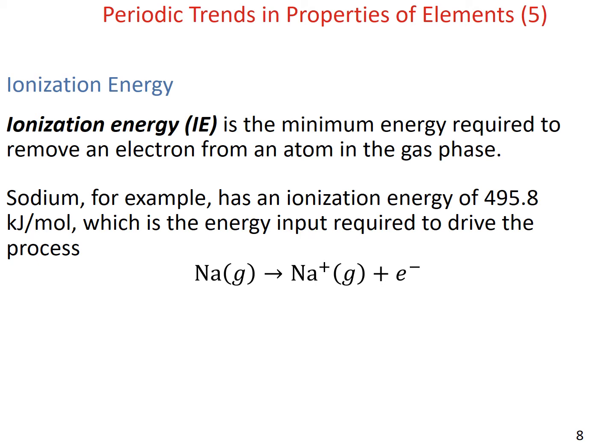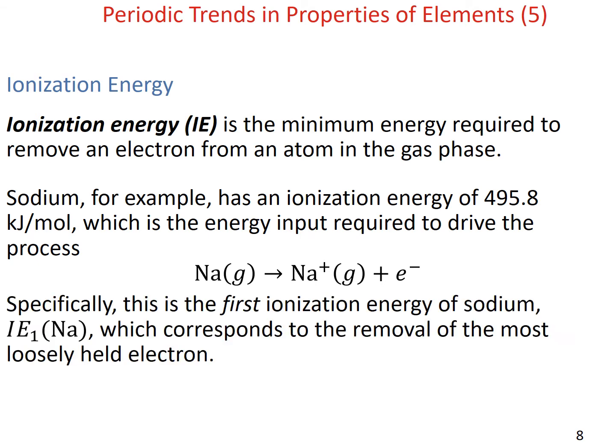It's not just ionization energy. We have a couple different types of ionization energy. This is the first ionization energy for sodium. It's removal of the first electron. You can have an ionization energy 2, and that would be the energy that it takes to remove the second electron. So you'd be starting with Na+ as a gas, going to Na2+ plus an extra electron.